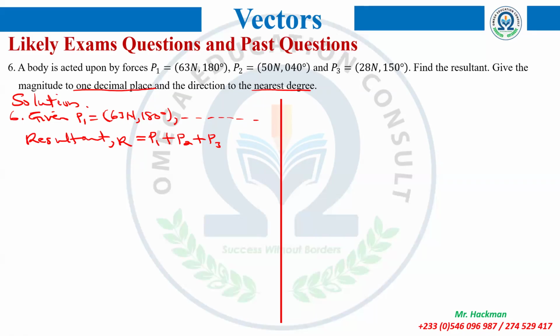So my resultant, I'm using R to denote resultant, will be equal to the sum of the forces, but the forces are P1, P2, P3. We are not done. This is just the first statement to guide you. If you don't know that the resultant will be the sum of the three forces, then you cannot continue. Indirectly, we are going to have this equal to P1 plus P2 plus P3, but the forces are in magnitude-bearing form.